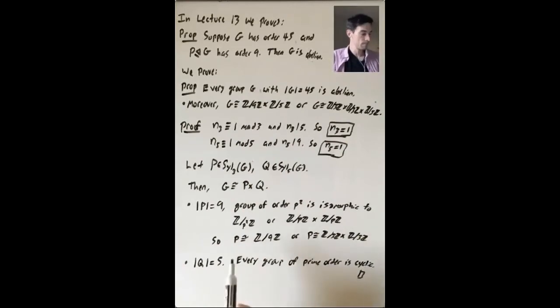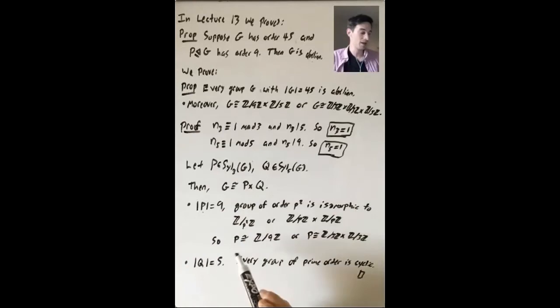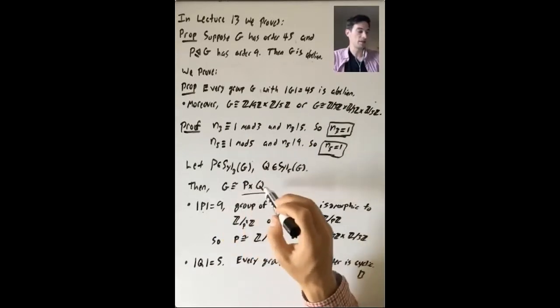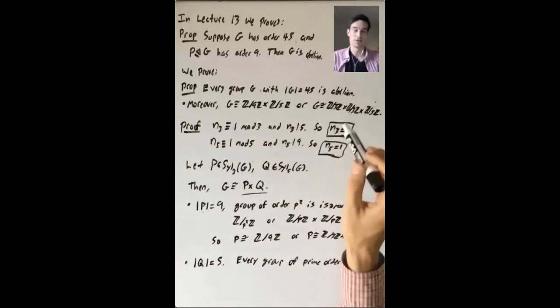So that means this subgroup P, this normal Sylow 3 subgroup, is either isomorphic to Z mod 9Z or Z mod 3Z cross Z mod 3Z. The Sylow 5 subgroup has order 5, and every group of order 5 is cyclic. So every group of prime order is cyclic. So that's it. So now we just use the fact that we know G is isomorphic to P cross Q to say what G could be isomorphic to.